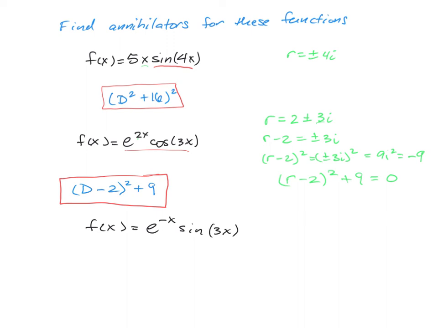If you think about the previous example, the coefficient on the exponential, we always take the opposite of it. So that's a D plus 1 that we're going to apply. And then to annihilate the sine of 3x, we add on a 9. So that operator, or annihilator if you will, is D plus 1 squared plus 9.